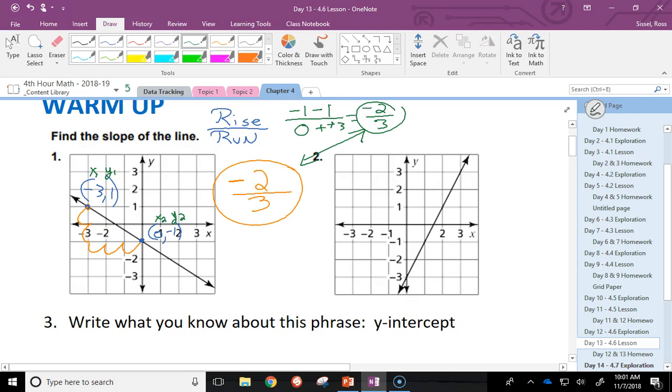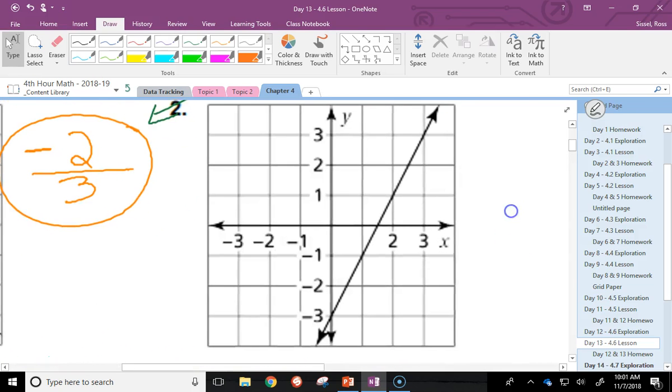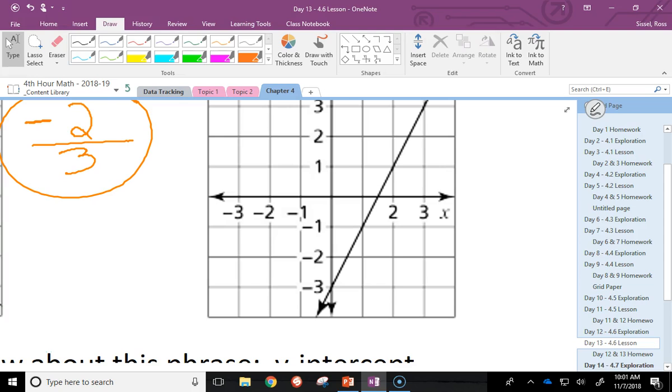Let's do number 2 now. If I look for the point, someone tell me a coordinate. What is one of the coordinates that we know on graph 2? Sydney? Okay, so I hear 2 and 1. Positive 1. So, 2, 1. And what would be another one that matches up?